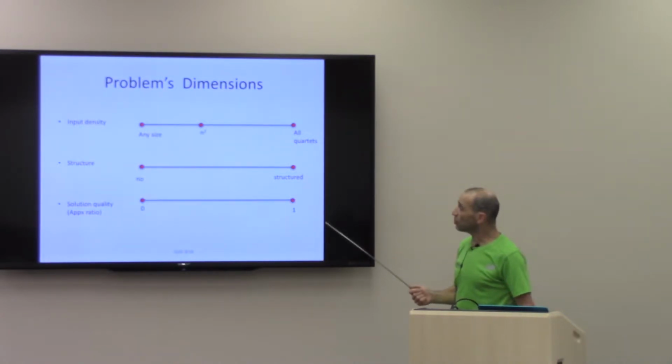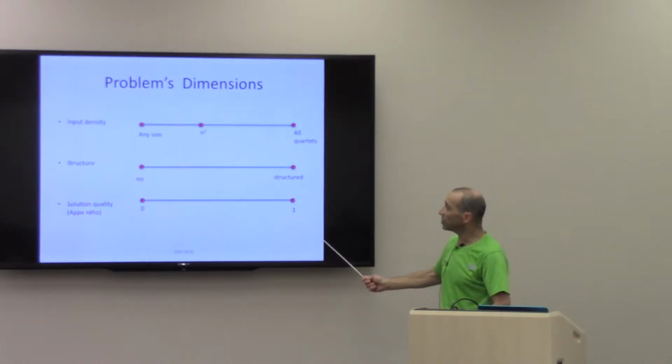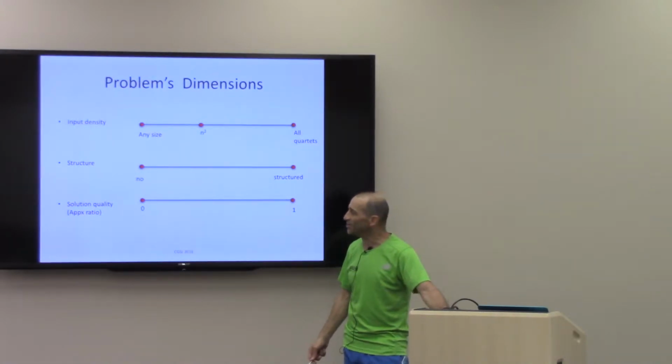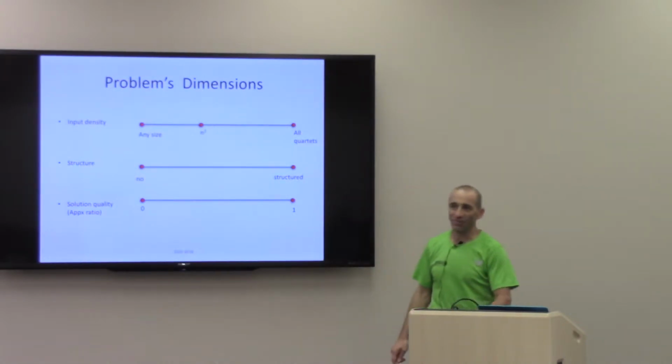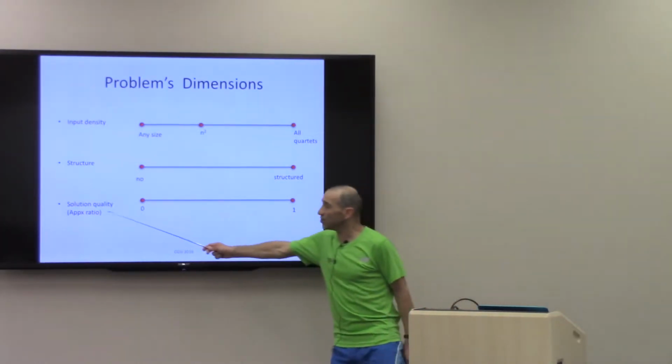What is the solution quality? This is the correct solution, and this is zero utility from the solution. We are speaking about approximation ratio.